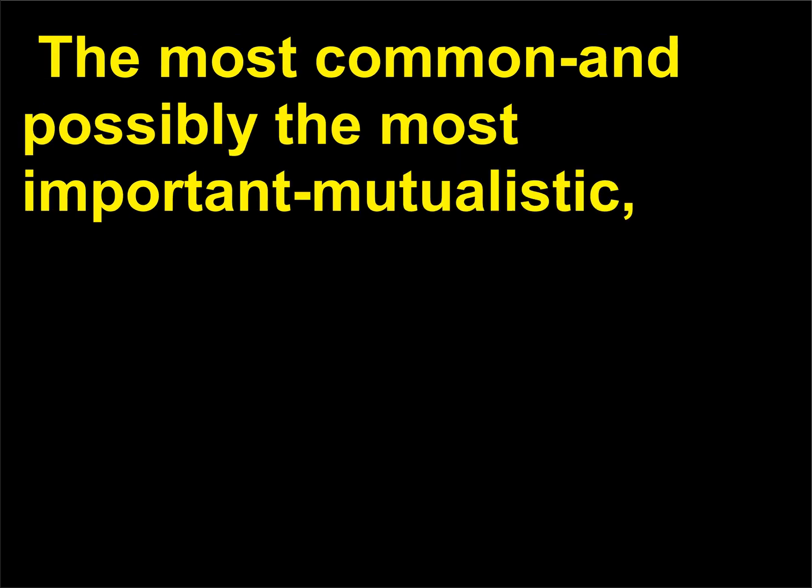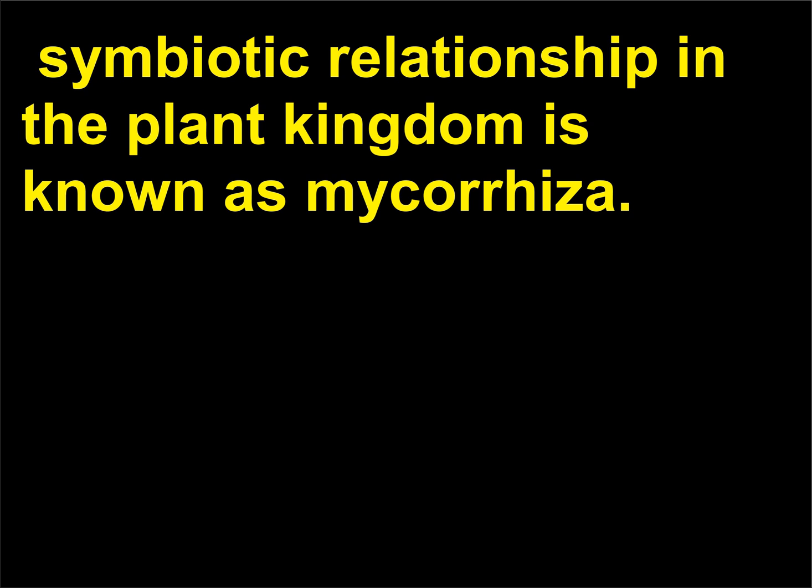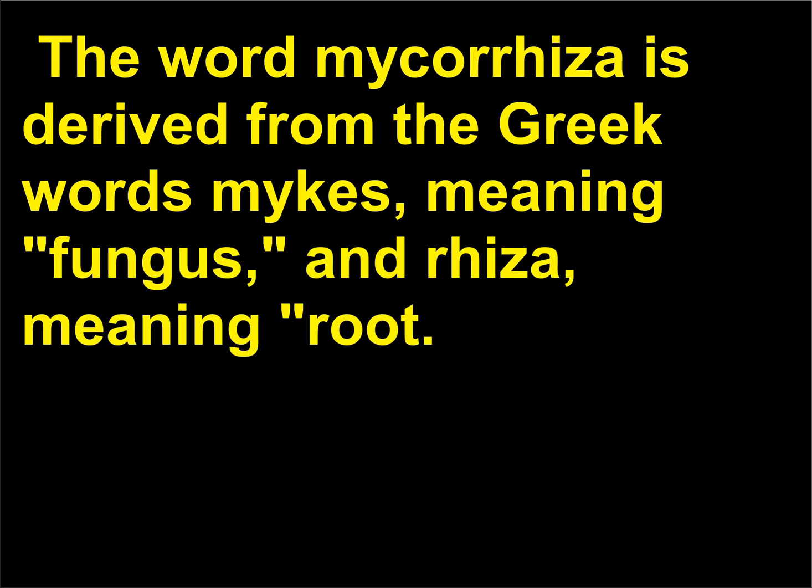The most common and possibly the most important mutualistic symbiotic relationship in the plant kingdom is known as mycorrhiza. The word mycorrhiza is derived from the Greek words mykes, meaning fungus, and rhiza, meaning root.